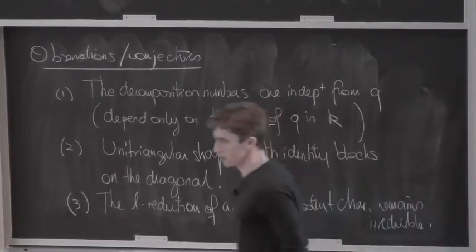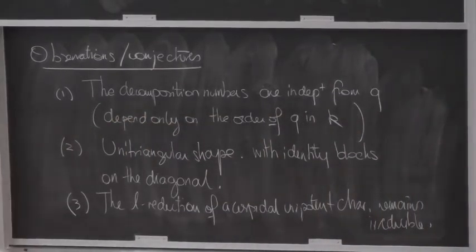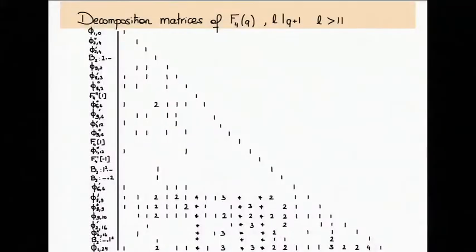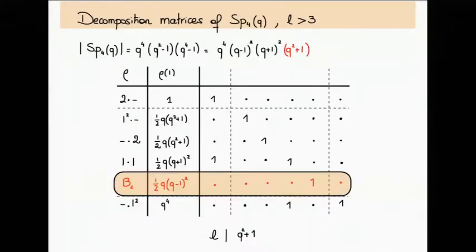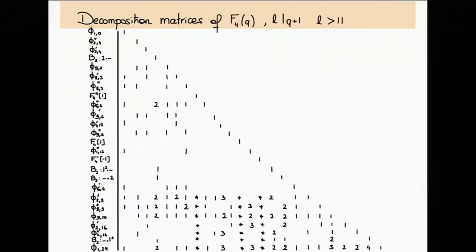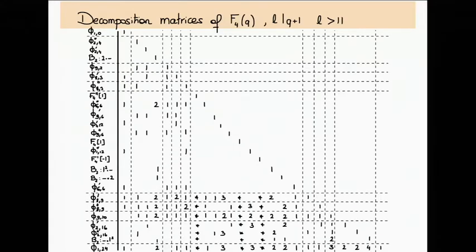And if you want to be maybe convinced by a bigger example, let me show you one case for F4. It's a matrix that had been computed by Christoph Köhler. I should have said that the previous one had been computed by Okuyama and Waki at the end of the 90s. I haven't written all the dots, I got too lazy, but you can see that there are many zero entries. You still have this unitriangular shape with these identity blocks on the diagonal.